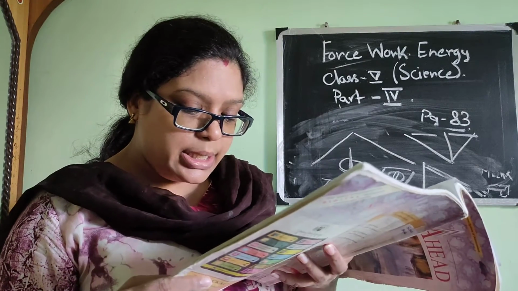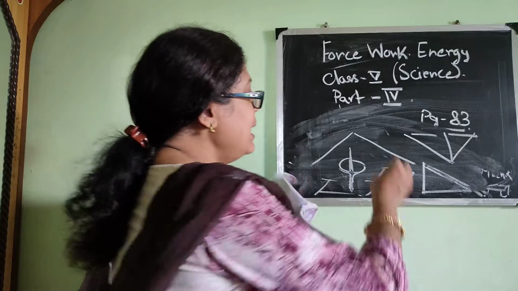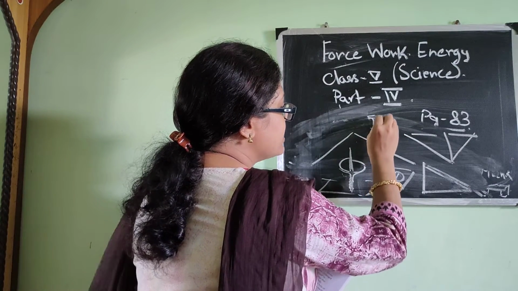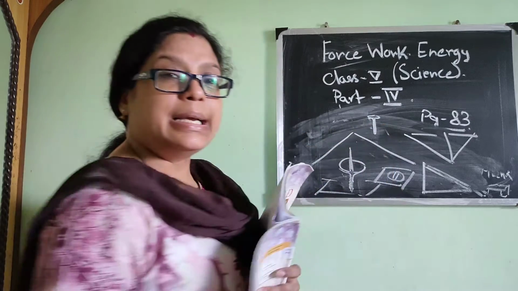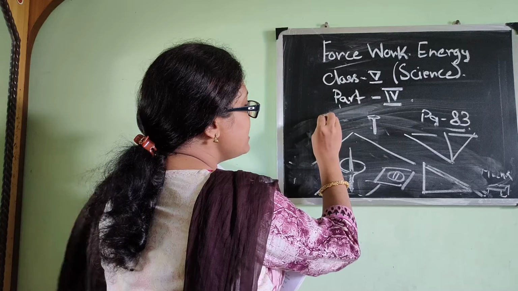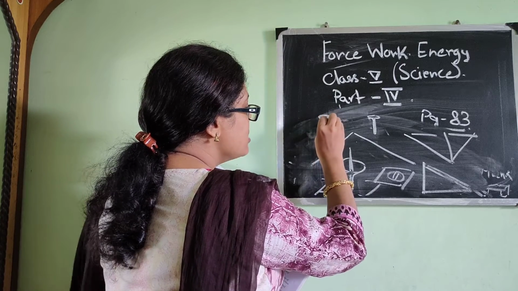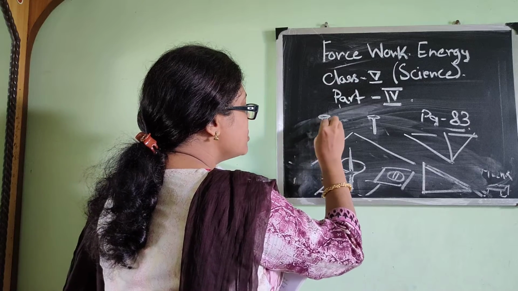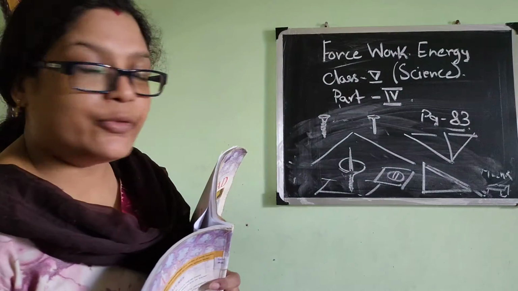Less force is needed to insert a screw into wood than a nail because of the inclined edge. See, nail is like this. It is basically straight. But in case of screw, what is happening? It is going slowly thinner, and it has a spring-like thing, as I have told.